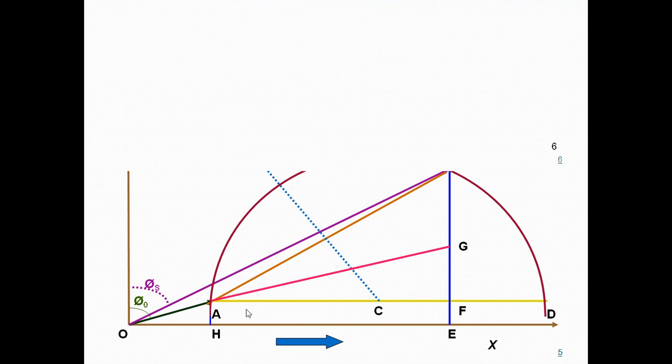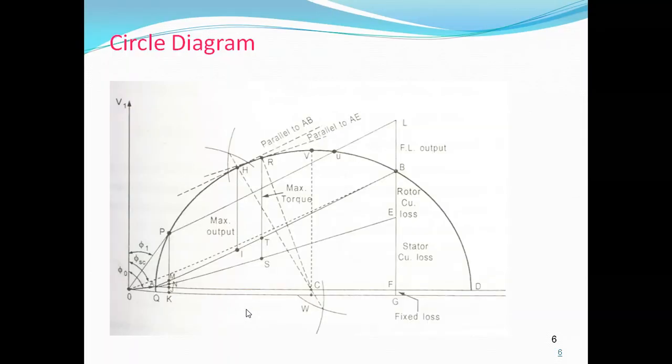After drawing this, you can see here it shows all the parameters, that is how we have to draw maximum output, maximum torque, and rotor. BF is the rotor copper losses, EF is the stator copper losses, and FG is the fixed losses.